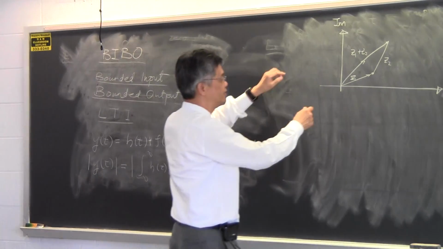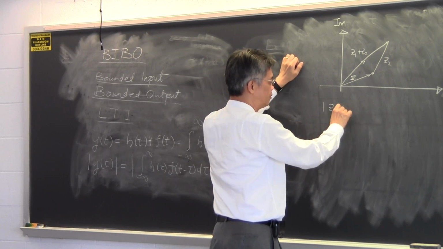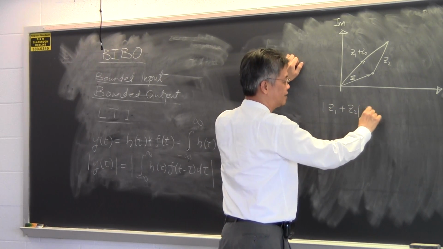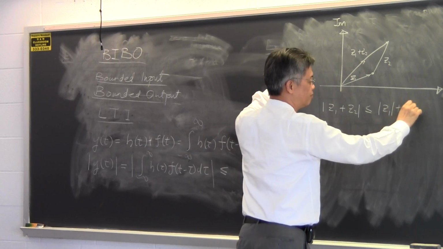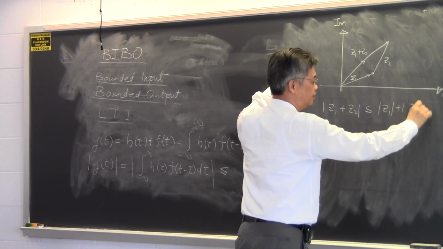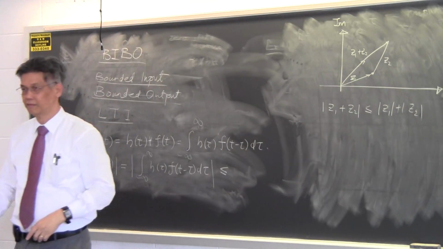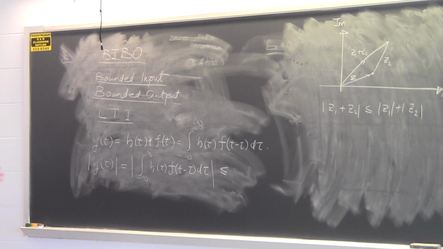From this picture, you can see that the magnitude of Z1 plus Z2 is less than the magnitude of Z1 plus the magnitude of Z2. Can you see that? The magnitude of Z1 is one side of the triangle, the magnitude of Z2 is the second side, and the third side of the triangle is Z1 plus Z2. In this picture, the third side is always less than the sum of the other two sides. This is called the triangular inequality.